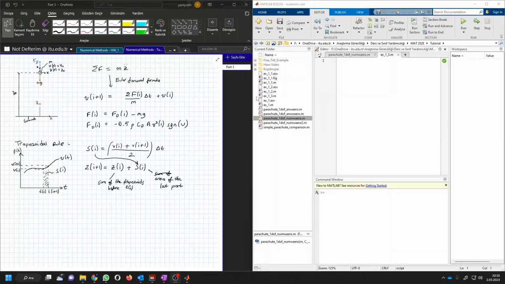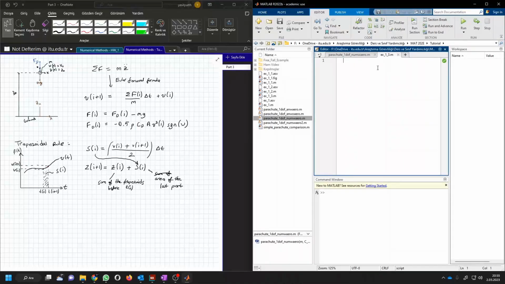So we are on MATLAB again. I will use the same parameters as my analytical solvers to compare them.